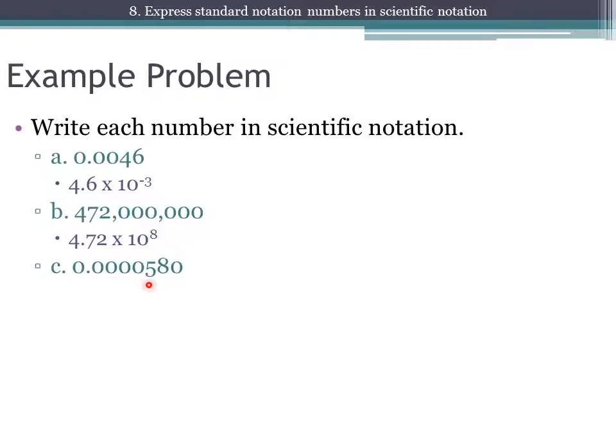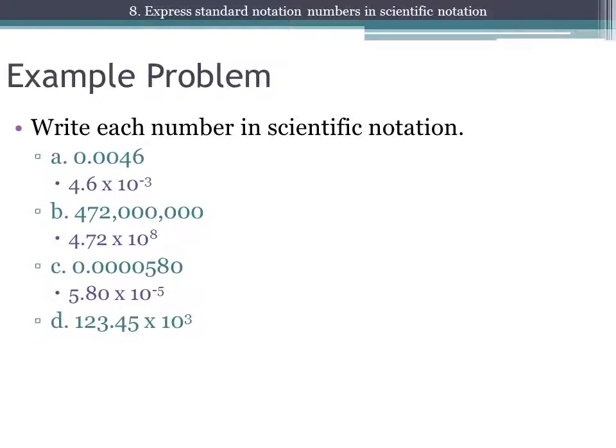Here the decimal point is going to go between the 5 and the 8. So we're going to move the decimal point to the right 5 places. And our answer will be 5.80 times 10 to the negative 5th. Notice here, this last 0 is significant. It's a final 0 after the decimal, so it does need to appear in the mantissa of the scientific notation.